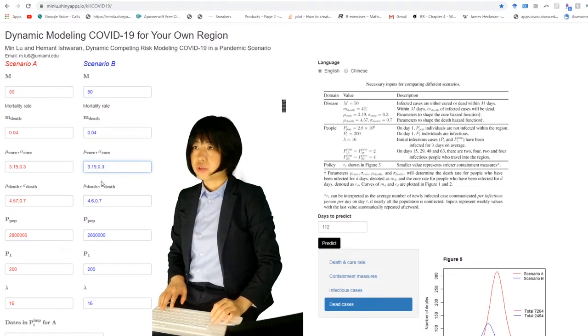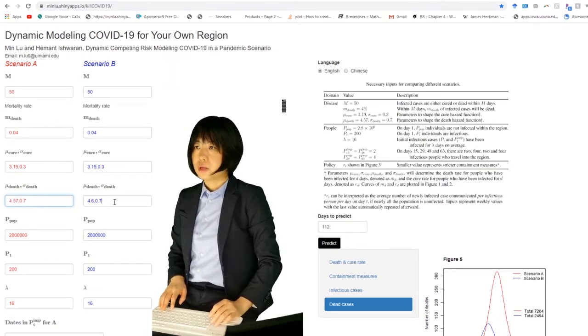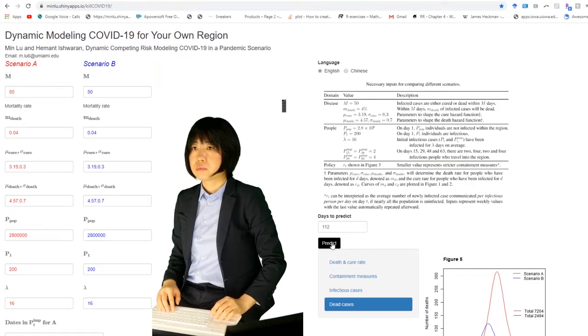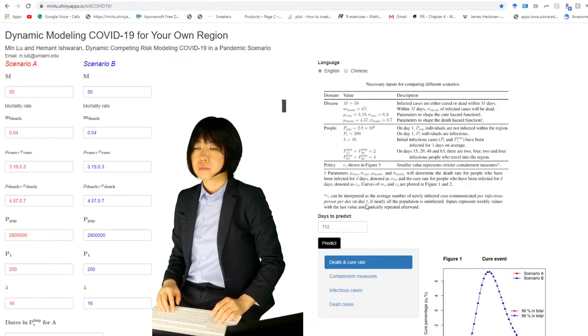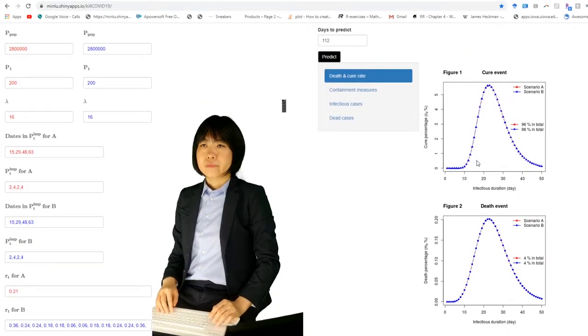For example, if we change the survival curves for the two scenarios into the same level, now the distributions of mortality rate and cure rate in the two scenarios are the same.